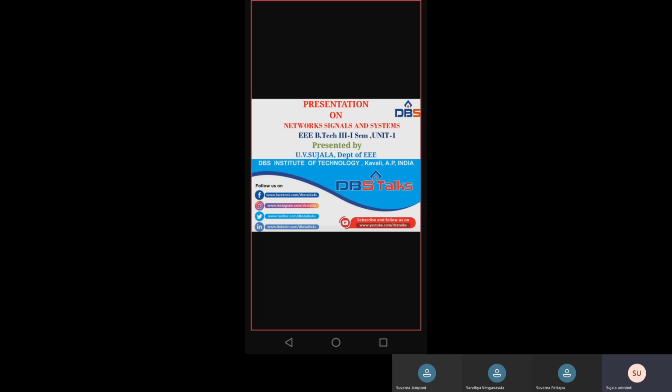And coming to the next unit, that is two-port networks. Under two-port networks, there are different types of parameters, like short circuit parameters or open circuit parameters. And besides those, there are H parameters, and we have taken the ABCD parameters.